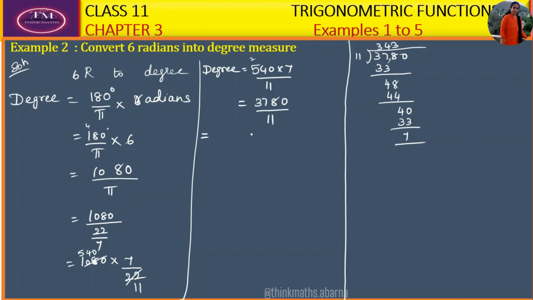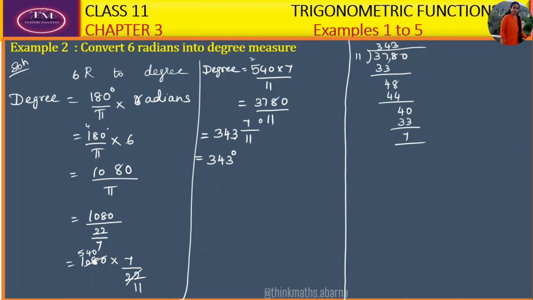So you can write this as quotient, remainder divided by divisor. So 343 7 by 11. So this is complete degree, 343 degree.